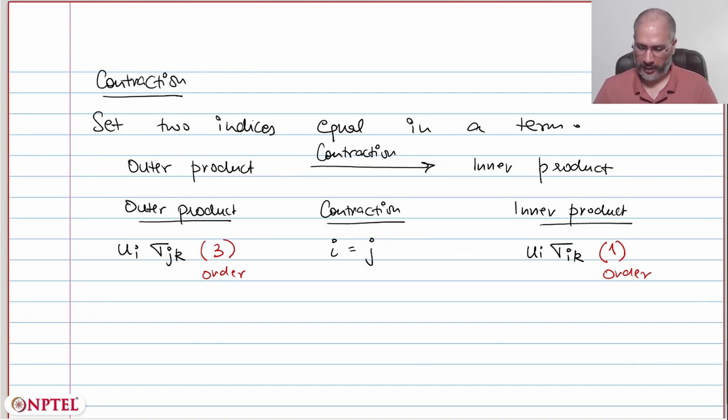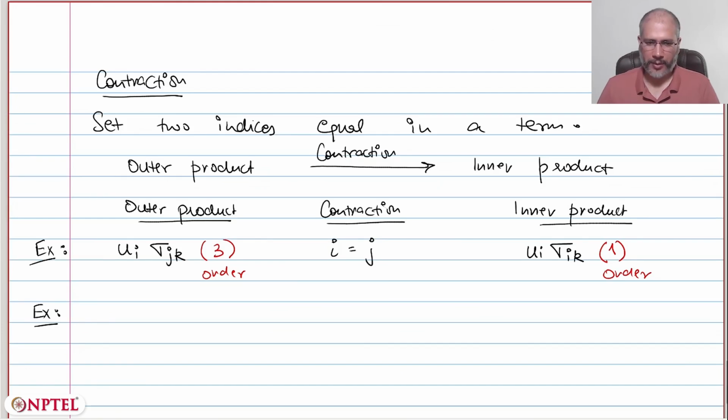So we started with a third order outer product, and when we performed a contraction, it reduced the order by 2. So 3 minus 2 is equal to 1. So 3 was the order of the outer product and 1 was the order of the inner product after applying a contraction. So let's take more examples and understand the idea better.